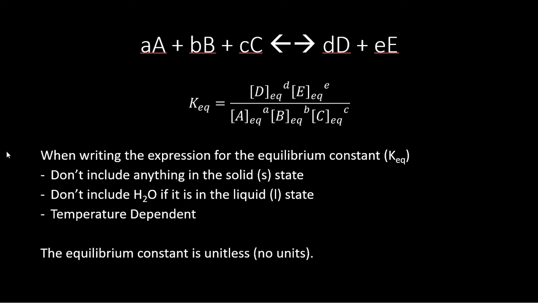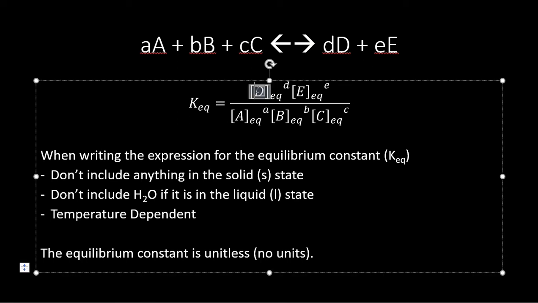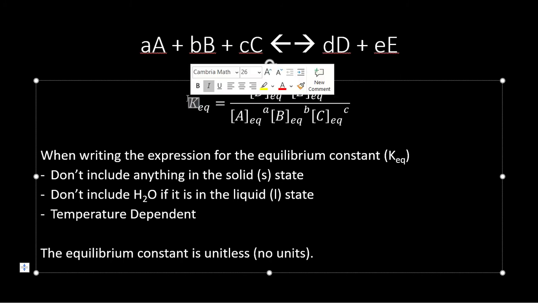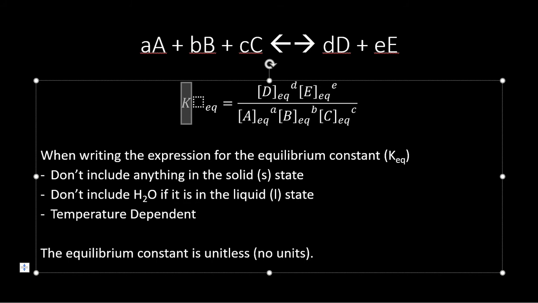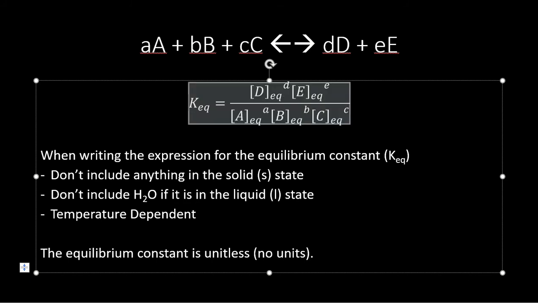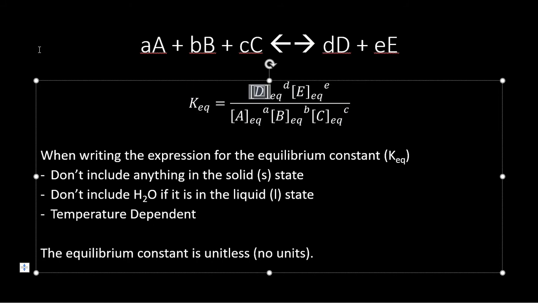And something to note is essentially the equilibrium constant is unitless. It does not have units. And the reason is because what we're doing in the brackets of each is we're not just taking the concentration of, say, product D, which is in molars.